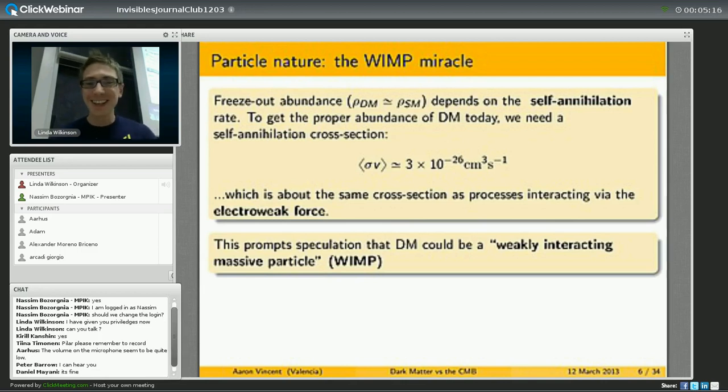Okay, good. So the freeze-out abundance of dark matter depends on the self-annihilation cross-section. So it's this equilibrium between the rate of production of dark matter and the rate of expansion of the universe. And when these two rates are equal, then the abundance of dark matter freezes out.